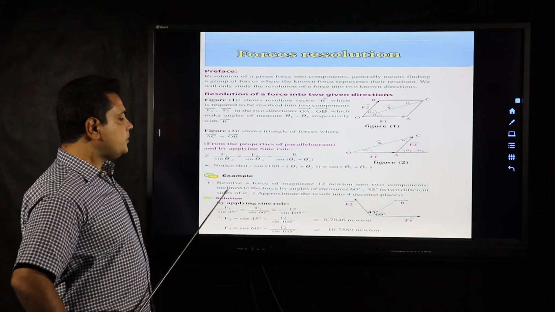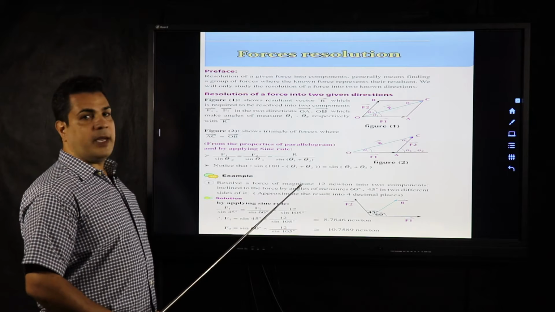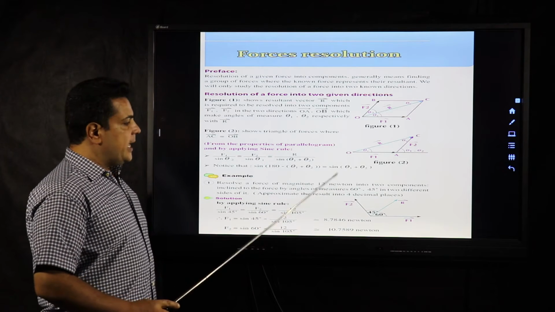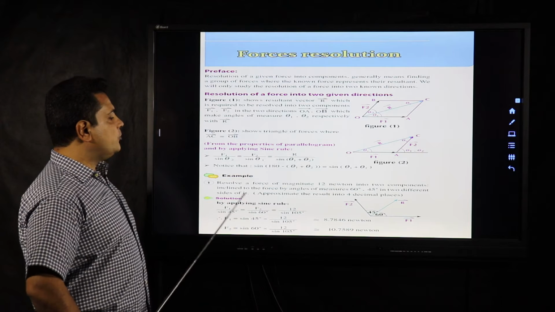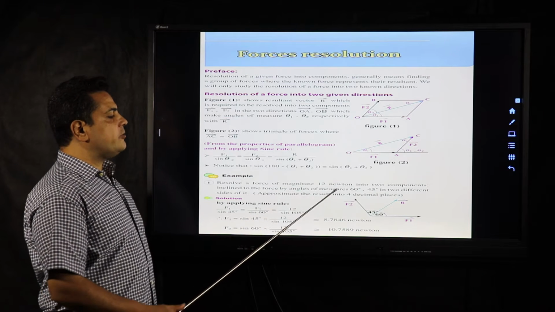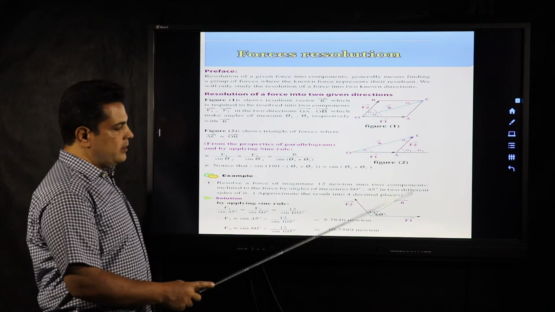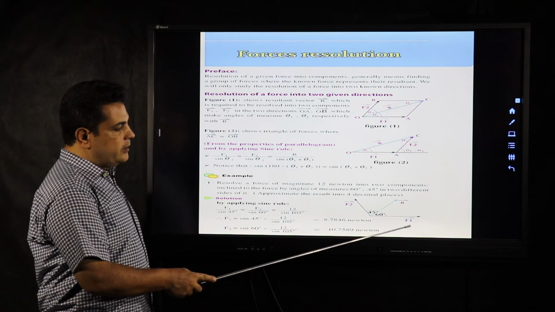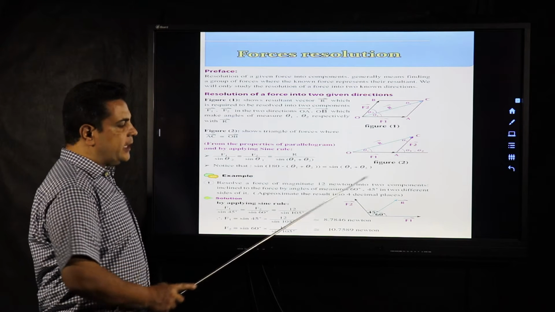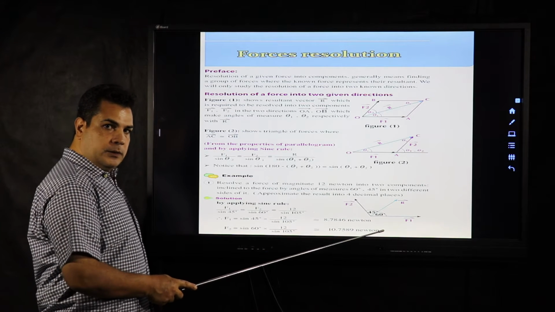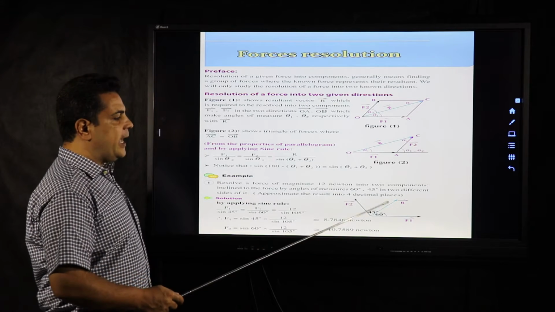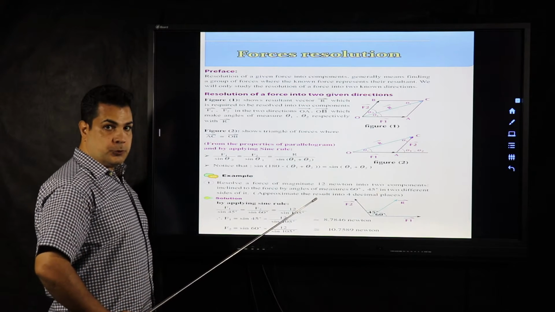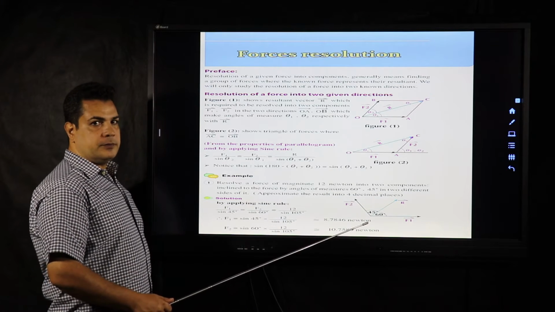For example, resolve a force of magnitude 12 Newton into two components inclined to the force by angles 60 and 45 degrees, F1 and F2. The angle between R and F1 equals 60, and between R and F2 equals 45.